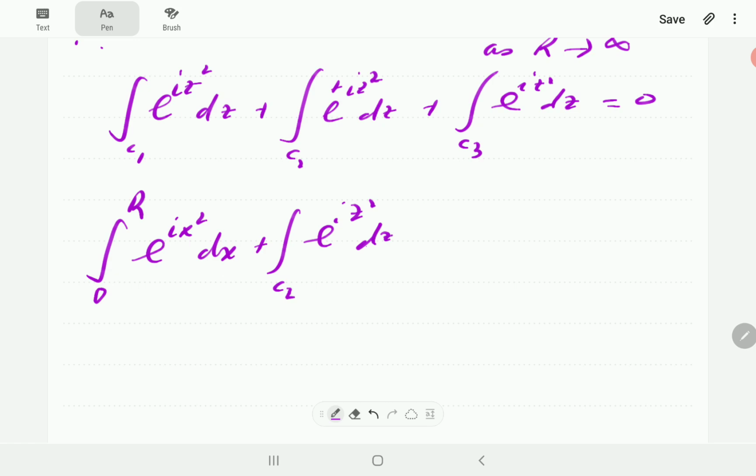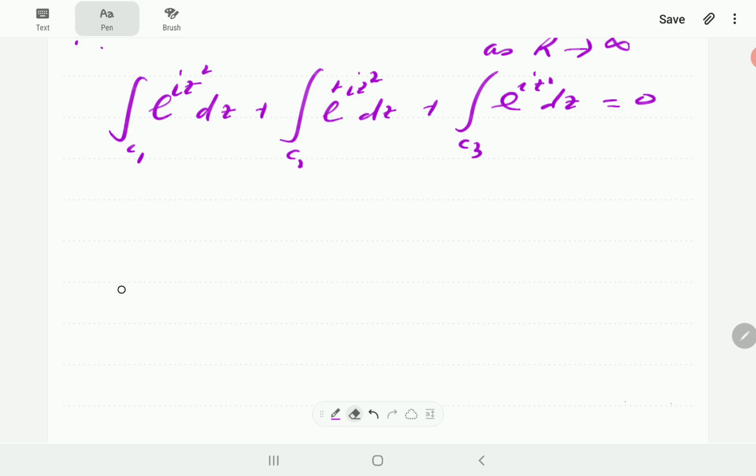And then along C3 is the first one we worked out. Okay, so this statement is fine, and it's going to remain.